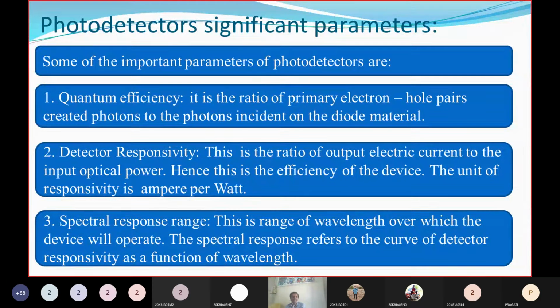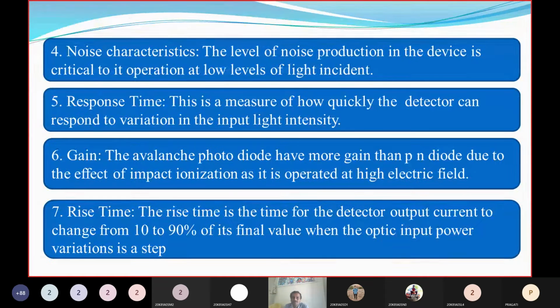Next one, noise characteristics. The level of noise production in the device is critical to its operation at low levels of light incident.